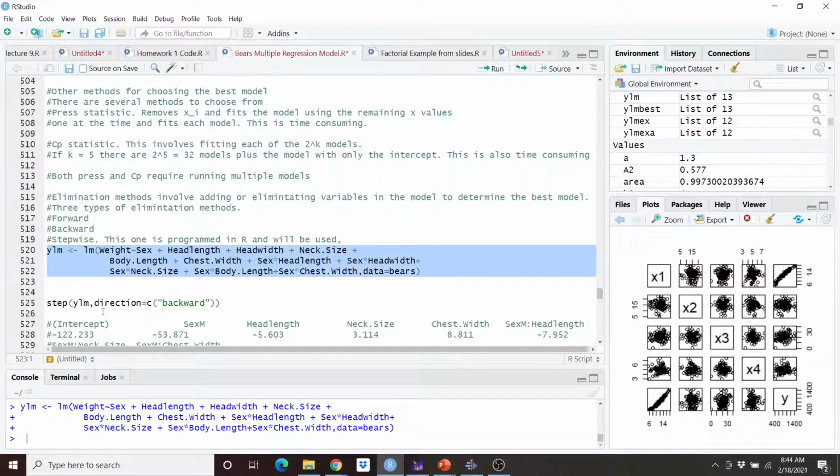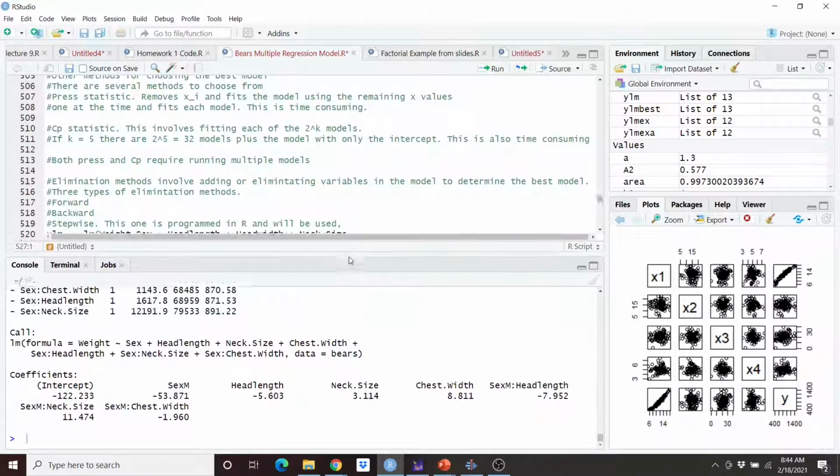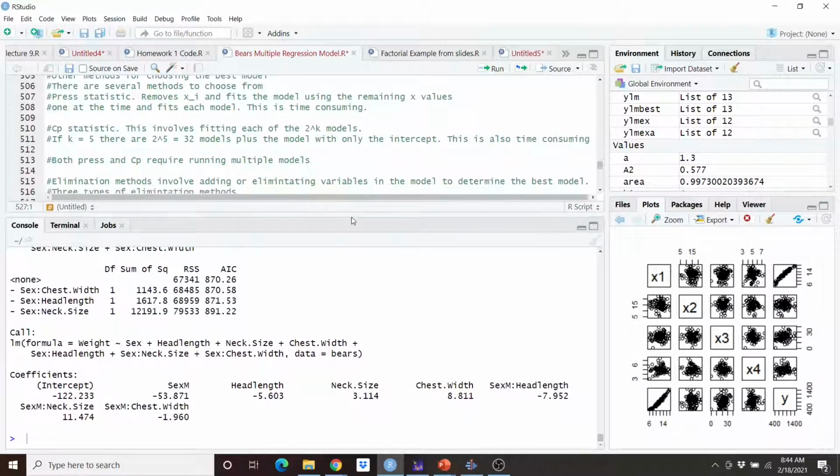And so what we want to do when we do our stepwise elimination method, we're going to use the step function in R. We're going to plug in our linear model, and we're going to put in direction equals backward. And when we run this, what we see is that we get the following output.